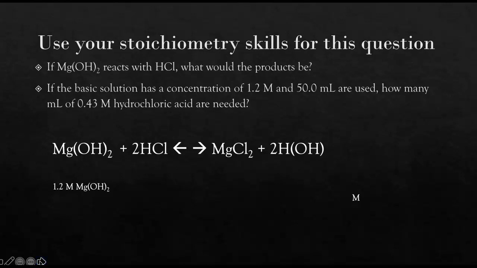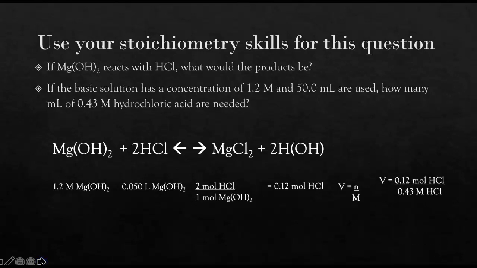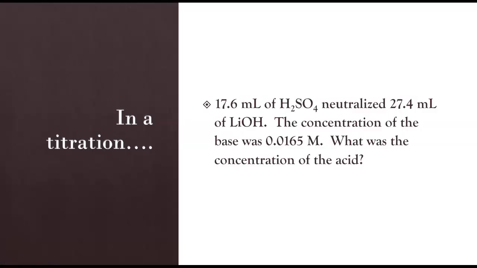So you need to look at the molarity of your base times your volume. Then use the mole ratio from your balanced equation to determine the moles of your hydrochloric acid. Now, if you take those moles of hydrochloric acid and you divide by the molarity, you'll get the volume.